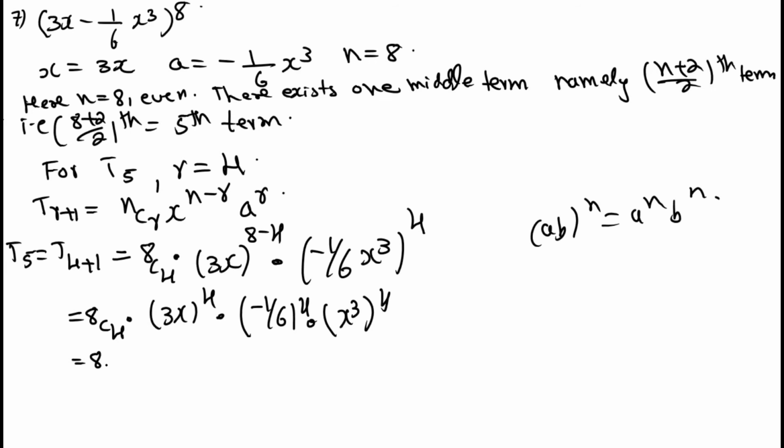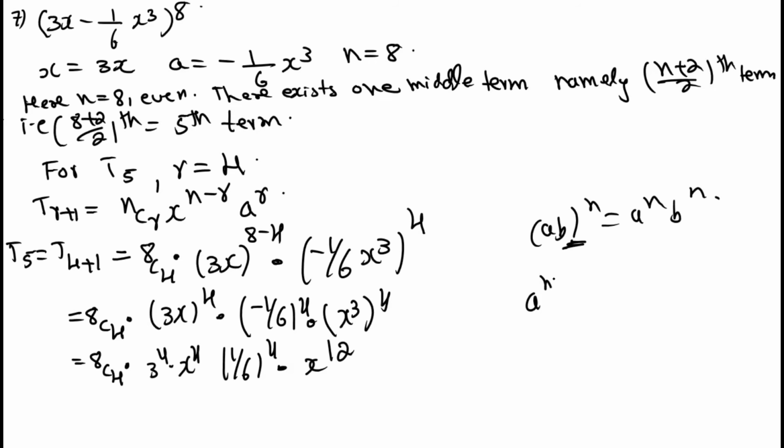So it's equal to 8C4 into 3 to the power 4 into x to the power 4, same formula, into minus 1 by 6 to the power even number, whose value is plus 1 by 6 to the power 4, into x to the power 4 times 3, that is 12.